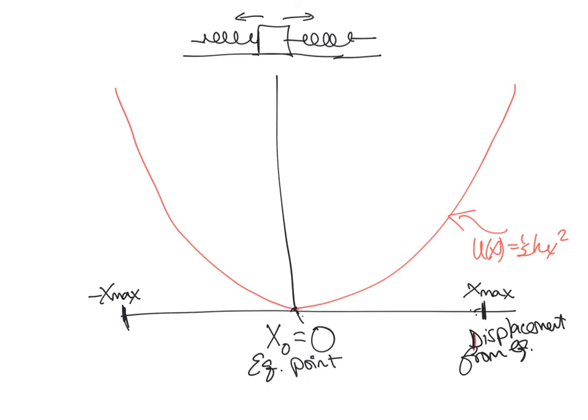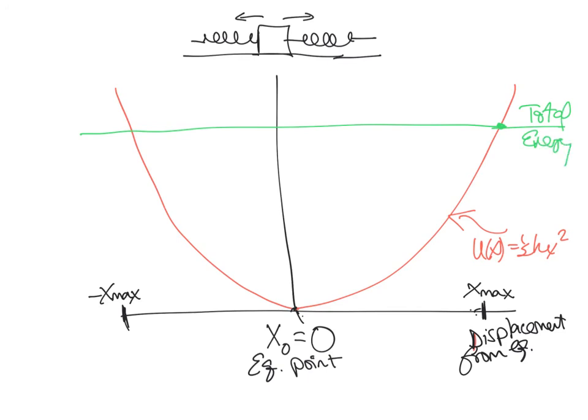Well, it turns around at x max. At x max, it has no kinetic energy. So this is the total energy. That's the whole idea about what a turning point is.